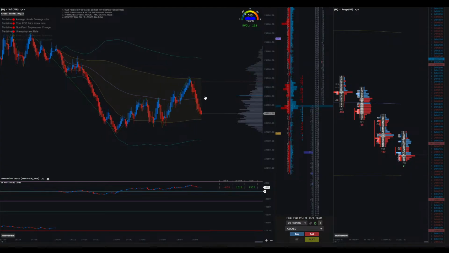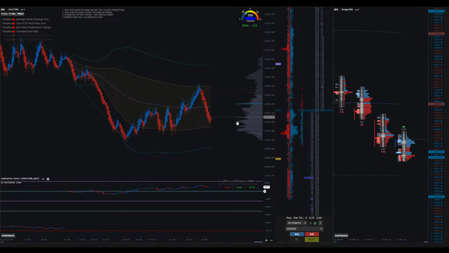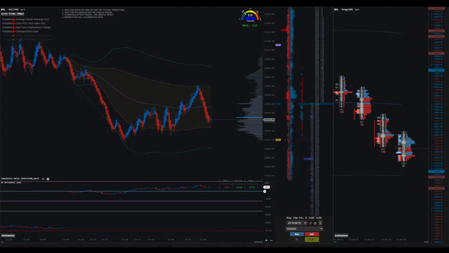So VWAP held, sliced through, sliced through. Big sell.